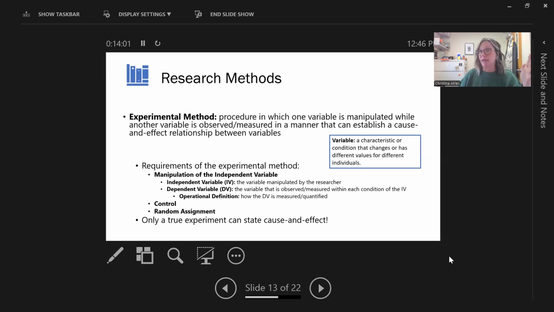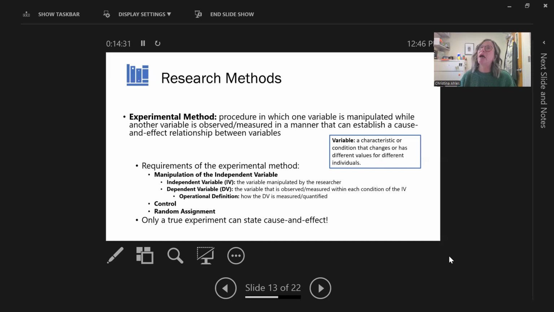One of the conditions is likely going to be the new medication, and the other condition is going to be a placebo or what is called a control group. The control group is typically the group that is not provided the new treatment, without new exposure to things.